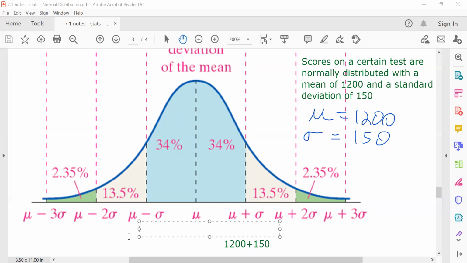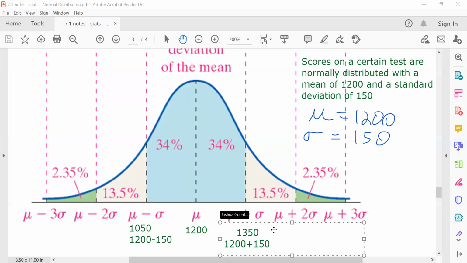This value would be 1200 minus 150, which is 1050. So now let's take the entire thing into account. The score of 1050 is 1 standard deviation below the mean. The score of 1350 is 1 standard deviation above the mean, as we can see.